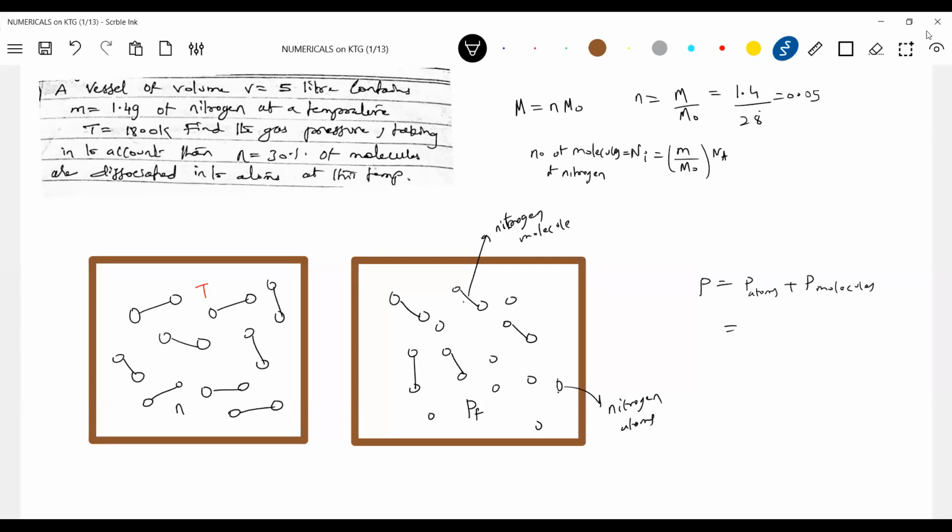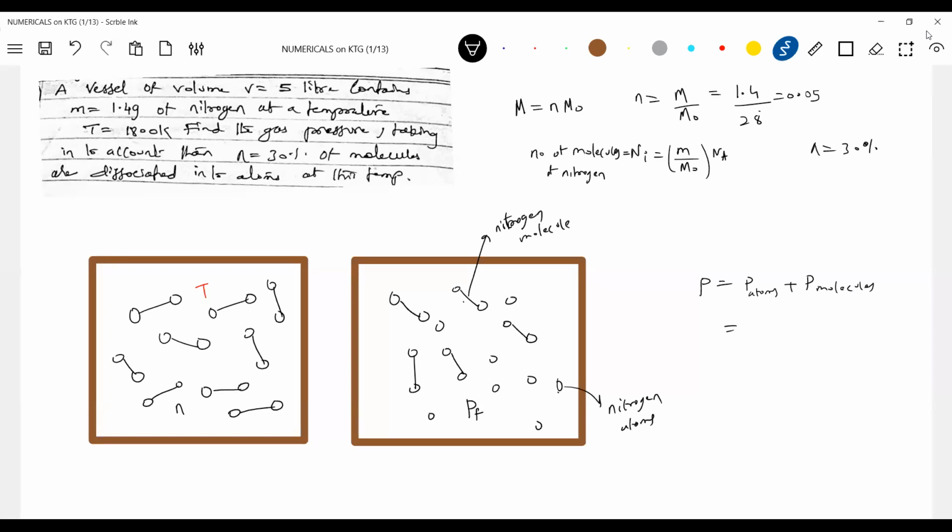Number of molecules of nitrogen, that one. Next, what do we get? Number of nitrogen atoms. So eta is what? 30%. So how many nitrogen atoms should I get here now? Mass into eta. And the mass of the nitrogen molecules, how much will it be?